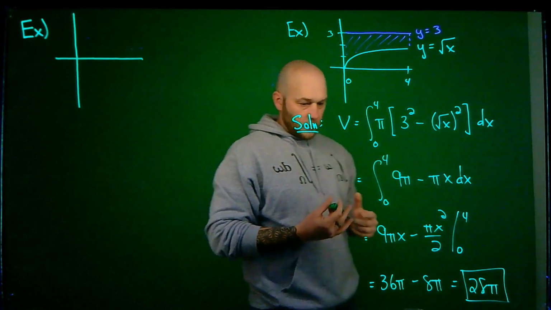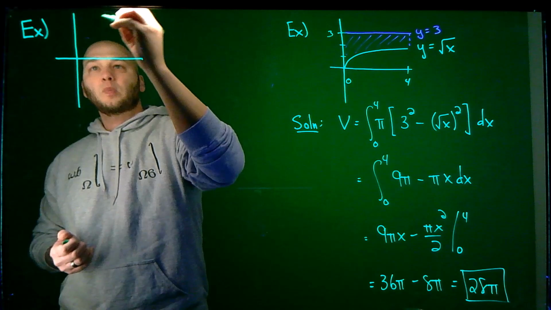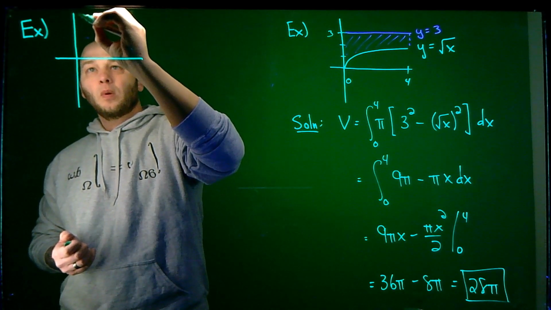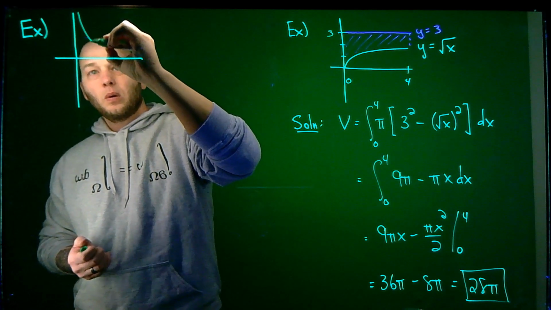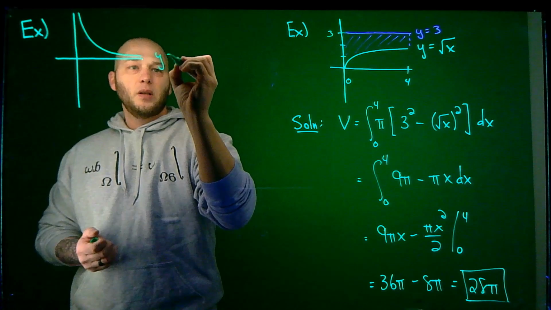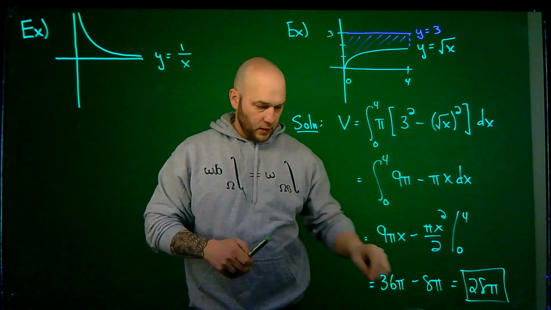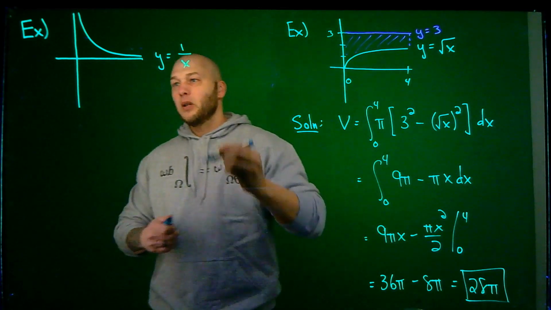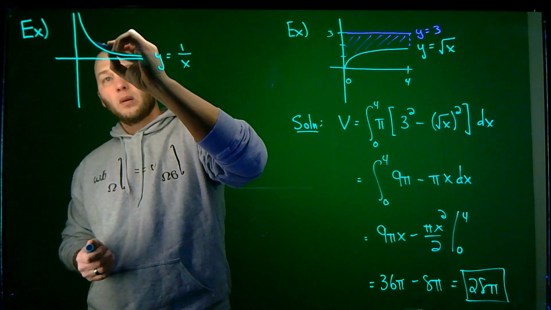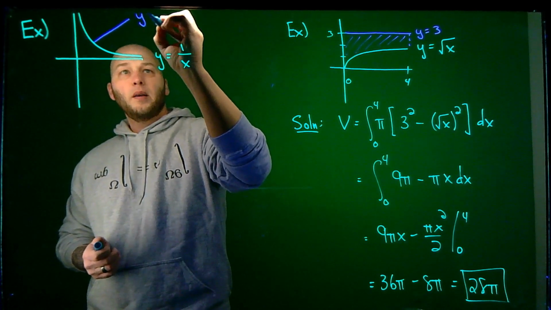Okay, so let's say we were going to take the graph of y equals 1 over x, and let's say my upper function is going to be y equals x.